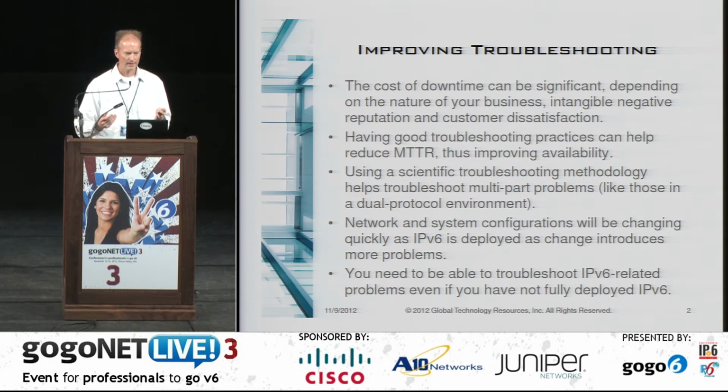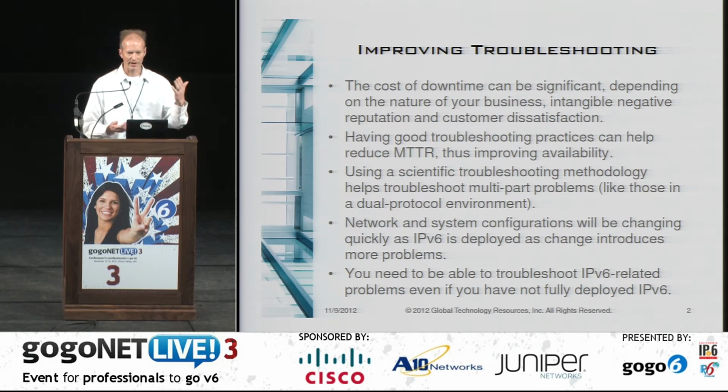Also, as we're rolling out IPv6, the number and quantity of changes being made will increase. Right now, many IPv4 networks aren't in as great a state of flux because they've been pretty much set, and they're pretty stable and robust. They don't incur as many changes per day.